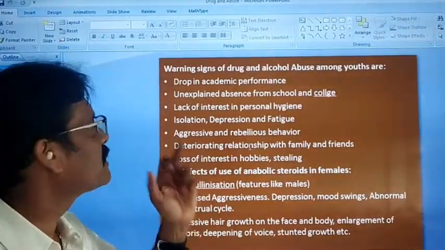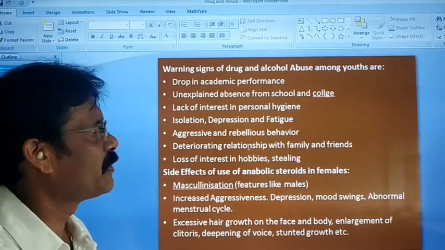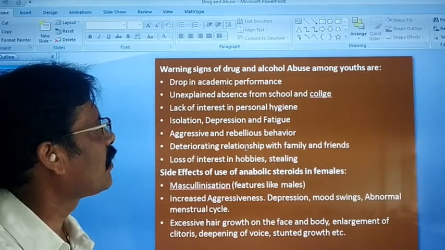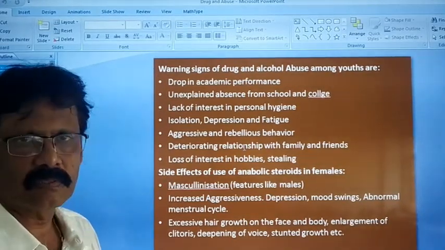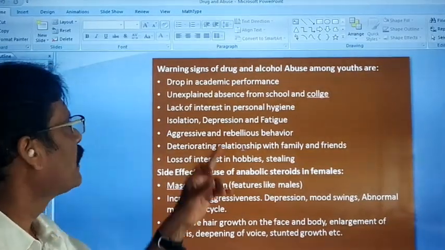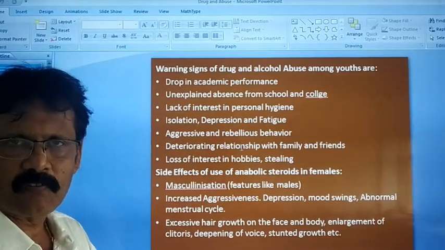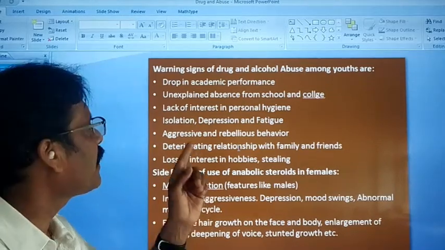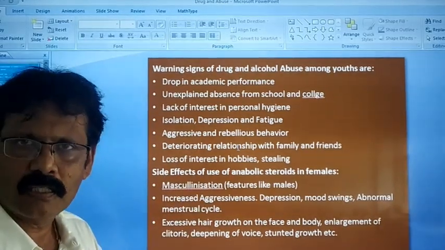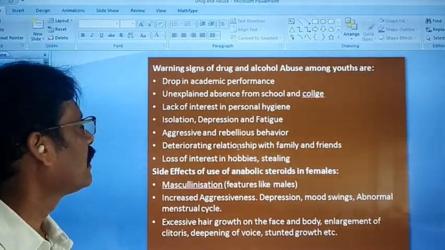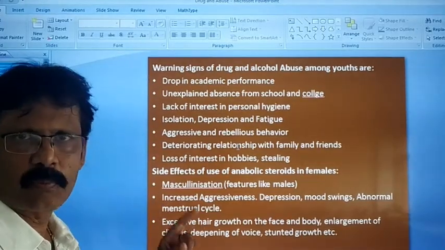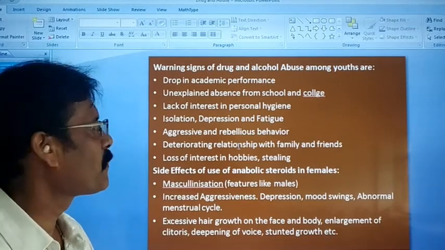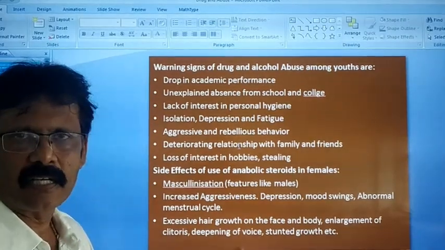Next one is warning signals of drug and alcohol abuse among youths. Number 1, drop in academic performance. Unexplained absence from school and colleges. Lack of interest in personal hygiene. Isolation, depression and fatigue.